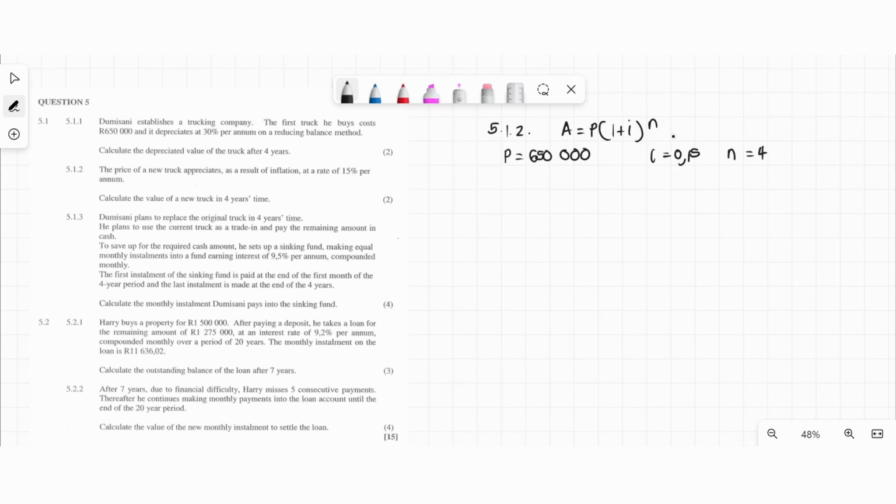So we substitute that into the formula. When you punch this into the calculator, you're going to get this amount, and then you're done with the second question.